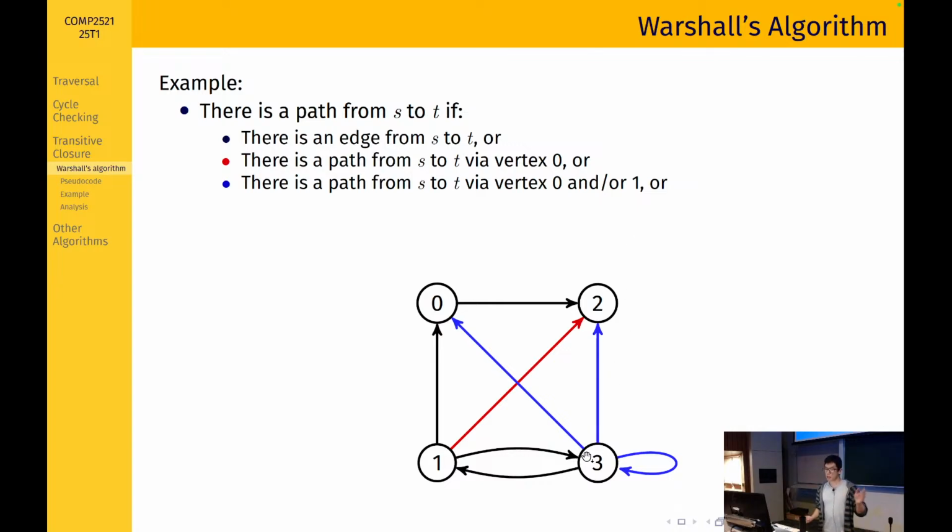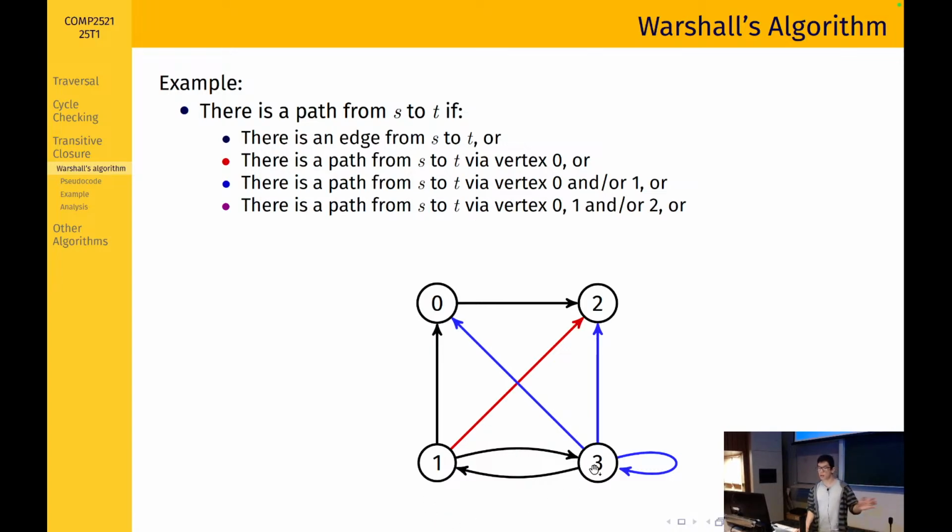In the third iteration, we would find that there's a path from 3 to 0, because there's a path via vertex 1. We would also find that there's a path from 3 to 2, because we can go from 3 to 1 to 0, then to 2. And we can also see that there's a path from 3 to itself, because we can go from 3 to 1 back to 3.